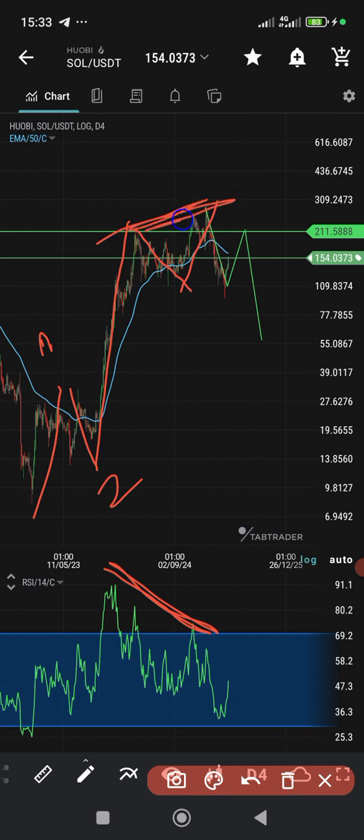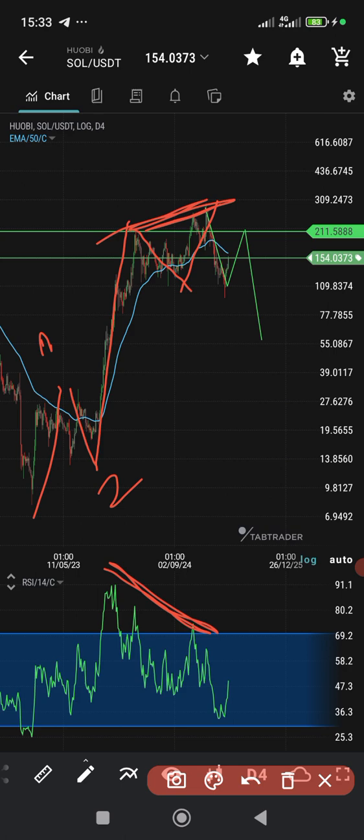We talked about this in the previous video. So the summary is that this wave count progressing to 300 terminated with a divergence, so we now know that the wave is done.